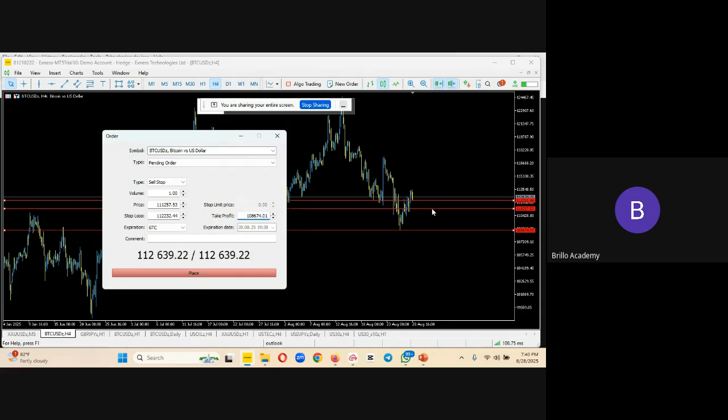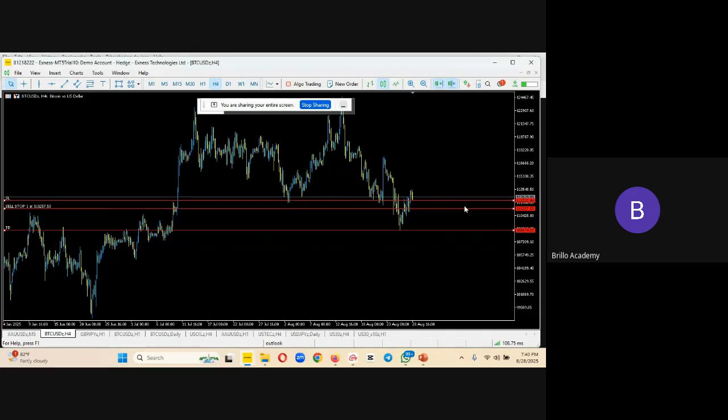All right, so that is it. So this middle line is my sell stop, the one above is my stop loss, and this is my take profit. So once I'm done with that, I'll just click on this trade. So I've done that. All right. So you can see it here. This is my sell stop, this is my take profit, and this is my stop loss.